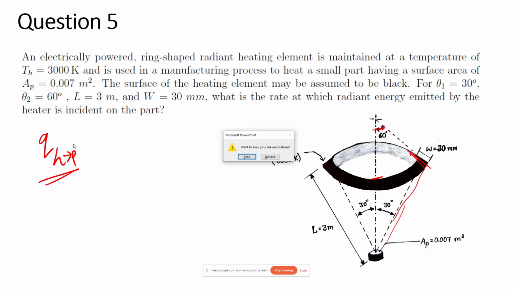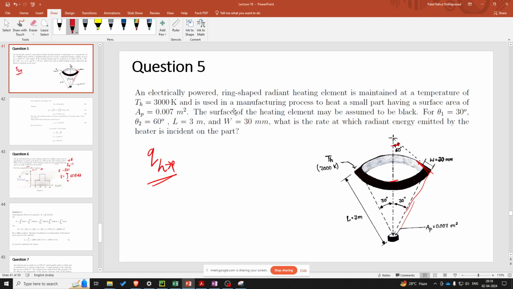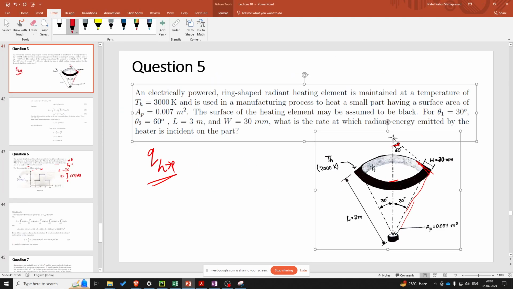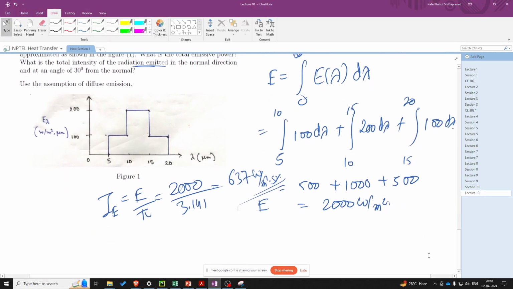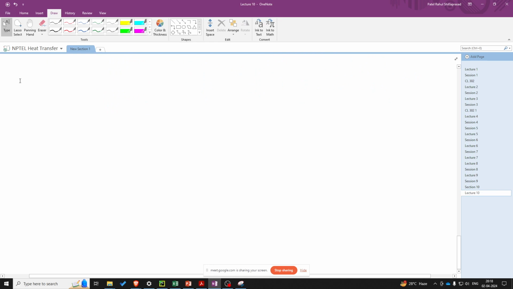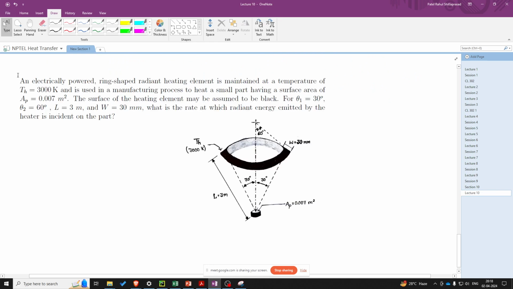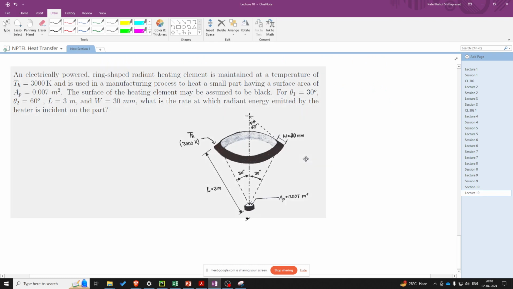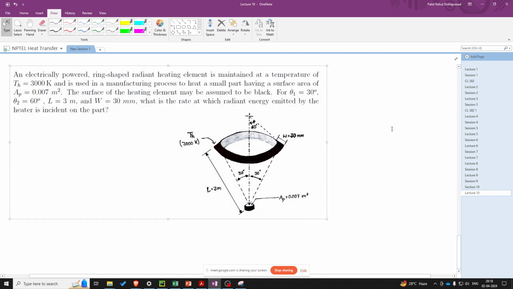So let's take a look at the solution. What we have been asked in this question is to find Q of H2P.